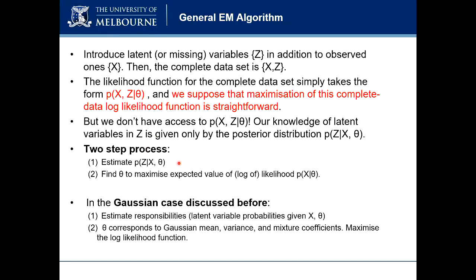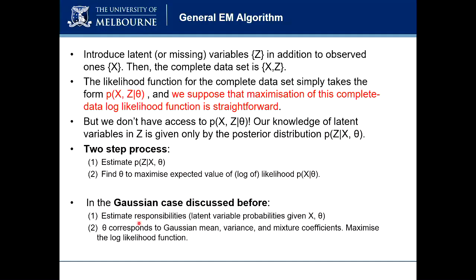That leads to this two-step process. I estimate this p(z | x, theta), and then using this estimate I maximize not p(x, z | theta), but the log likelihood of p(x | theta), where I take the expectation with respect to z to do my best in terms of z.